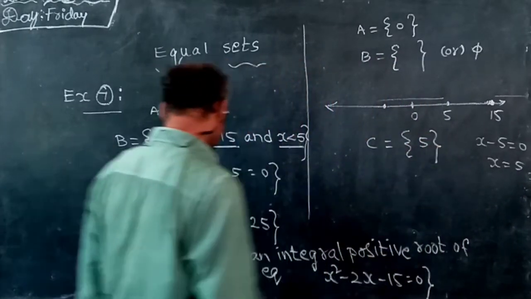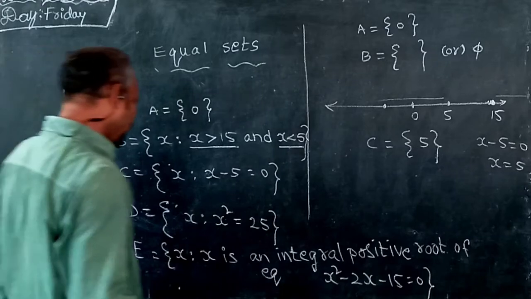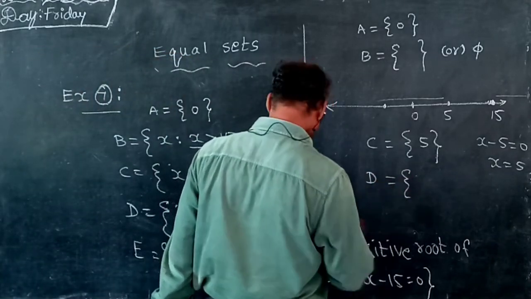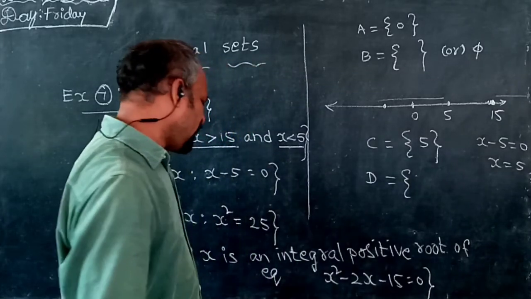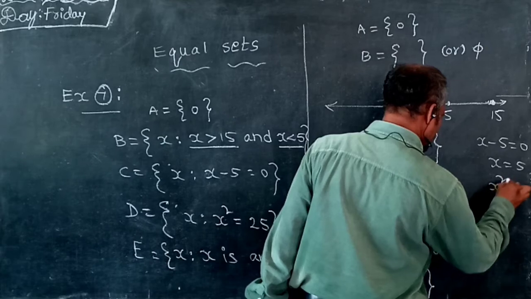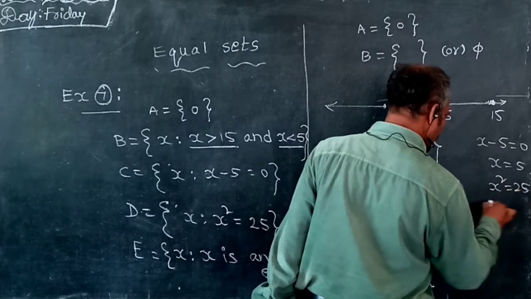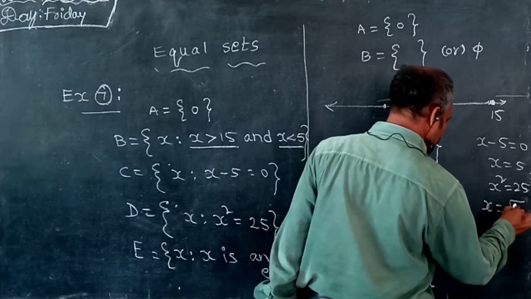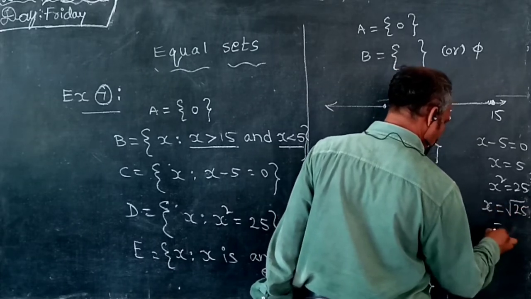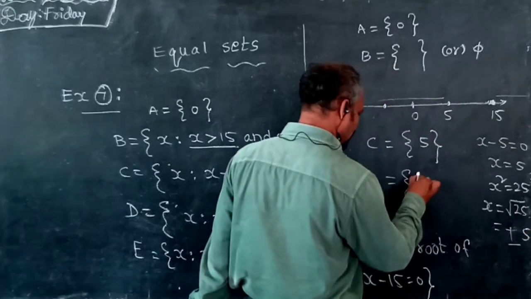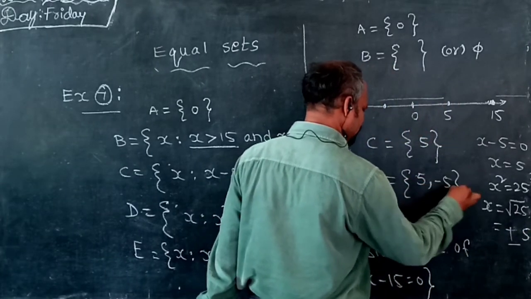Next, if I take D, x square is equal to 25. Always take x is equal to root 25, which is nothing but plus or minus 5. That means you will get 5 and minus 5.